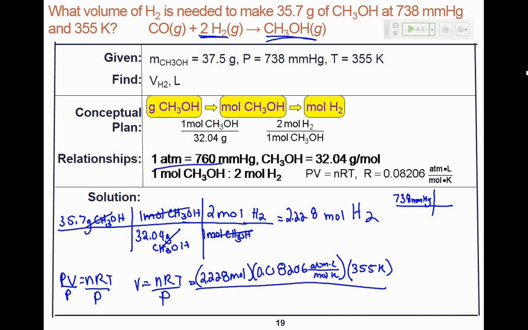And remember, you don't have to memorize this. 760 millimeters mercury and 1 atm. And that'll give us atm, and that is 0.97105.